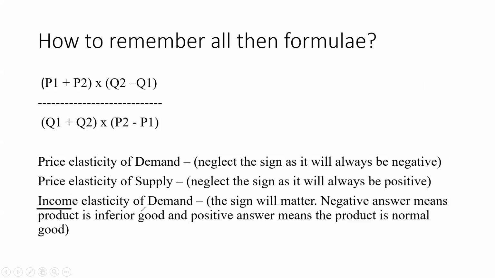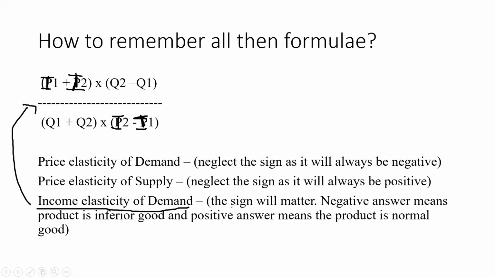Lastly, when you're calculating income elasticity of demand, you're basically replacing the P with an I. So if I'm calculating income, I'm just replacing all the P's with an I, because we're not looking at price, we're looking at income. So just change all the P with an I, that's it, okay? So that's for income elasticity of demand.